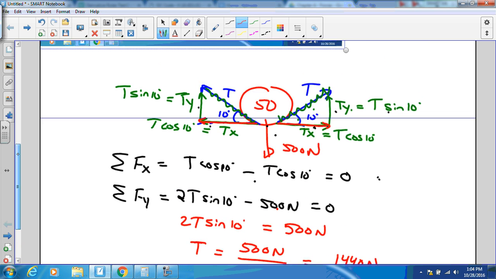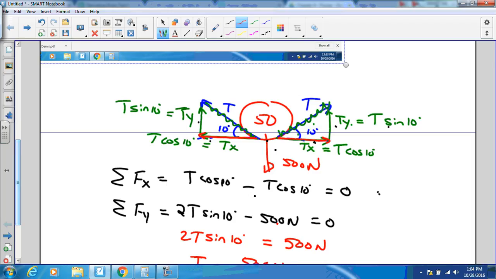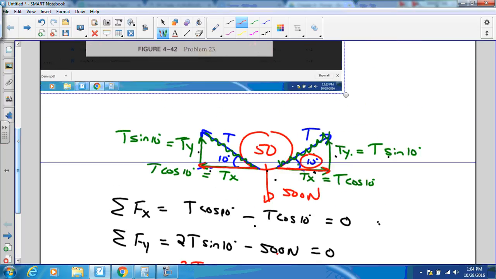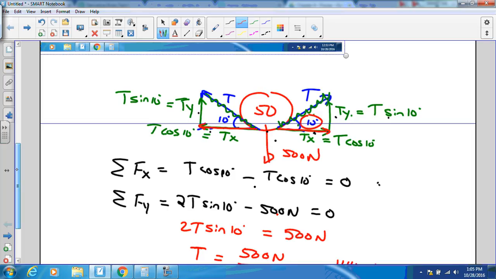And the question is, why is there so much tension? And the answer is that this angle of 10 degrees is a really small angle, so that when I divide by the sine of 10 degrees, I end up with a very large tension. In other words, the flatter the angle that Arlene is making in the rope, the more tension there will be in that rope.